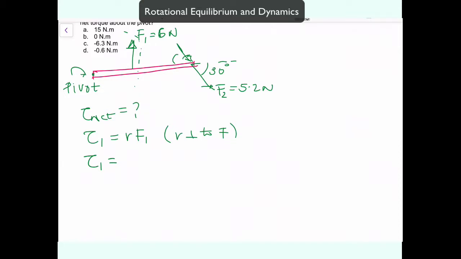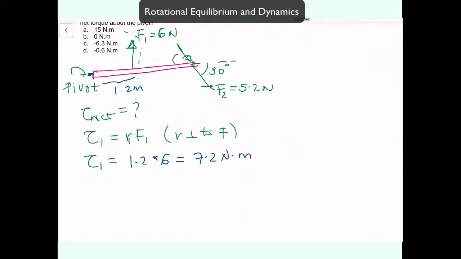It's acting at 1.2 meters from the pivot. The pivot is the place where the rotation happens, so it's around this area. So torque 1 is equal to R1, 1.2, times F1, which is 6. This results in 7.2 Newton meter.